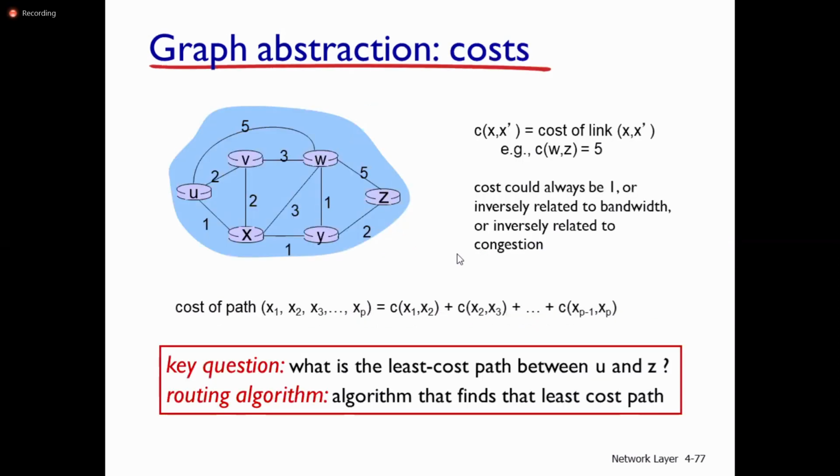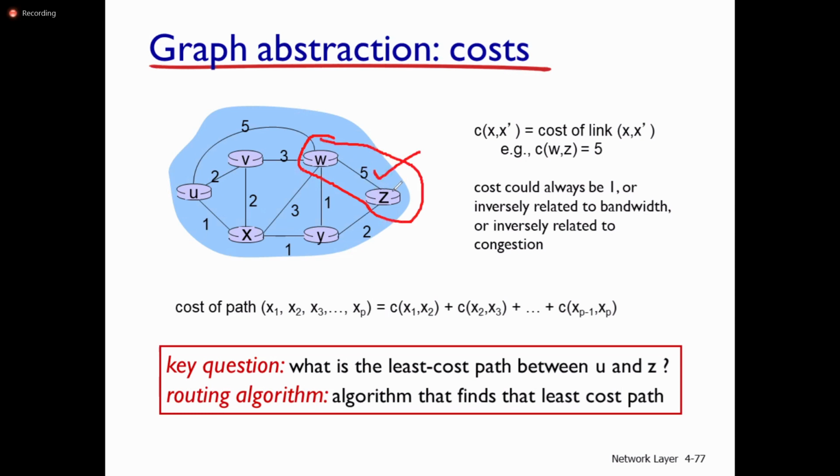Now, the graph abstraction costs. If you observe here, various numerical values are written on the links. They are the costs of the links. Let us say c(x, x') is the cost of the link from x to x'. For example, in our scenario, the cost of W to Z is 5.